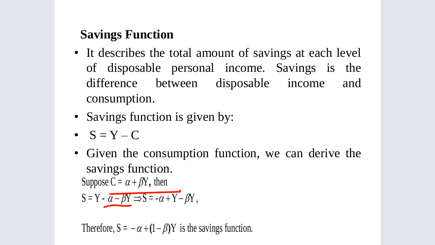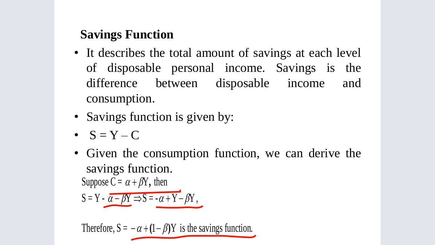Consumption. So this is the consumption part. So the savings will be represented by this part here, which is negative alpha plus y minus beta y. So that simply means that the savings function is represented by this. So this is the savings function.